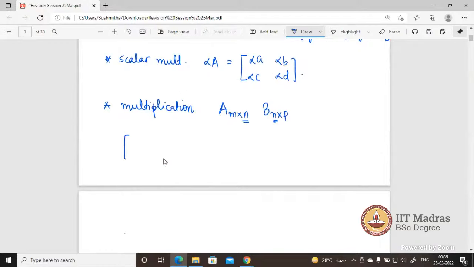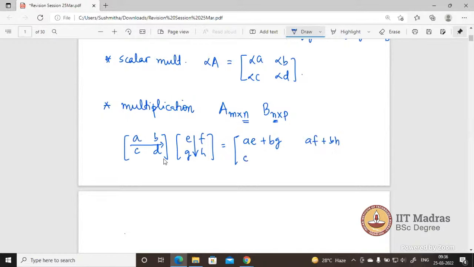And how did I multiply? Row of the first matrix into the column of the second matrix. A plus B, yeah. AE plus BG. And AF plus BH.